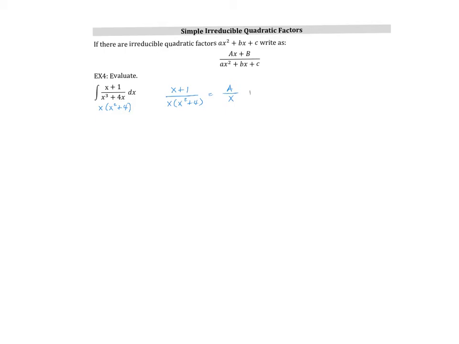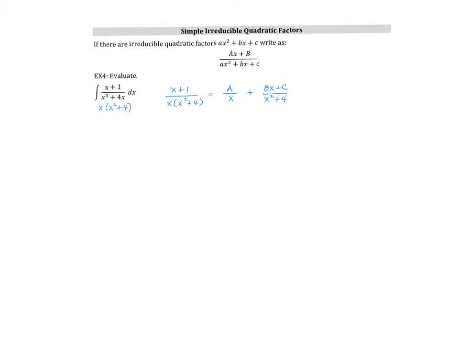But now notice that my quadratic factor is an x squared plus 4. So it's possible that the numerator can have an x in it. It just has to be of lower degree than the denominator. So I'm going to have to solve for some bx plus c.